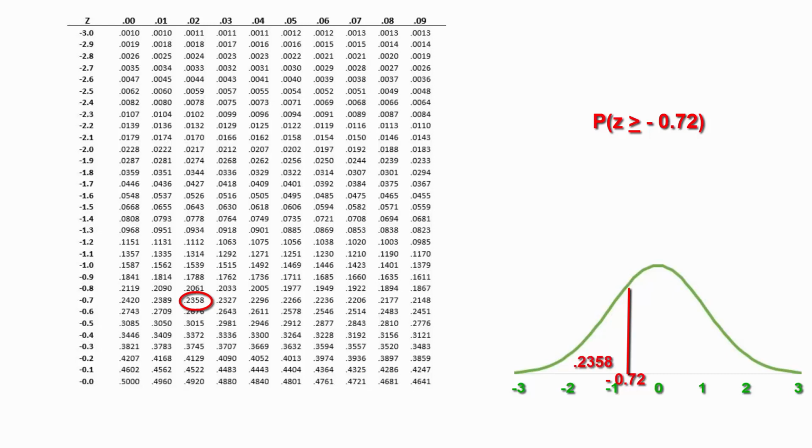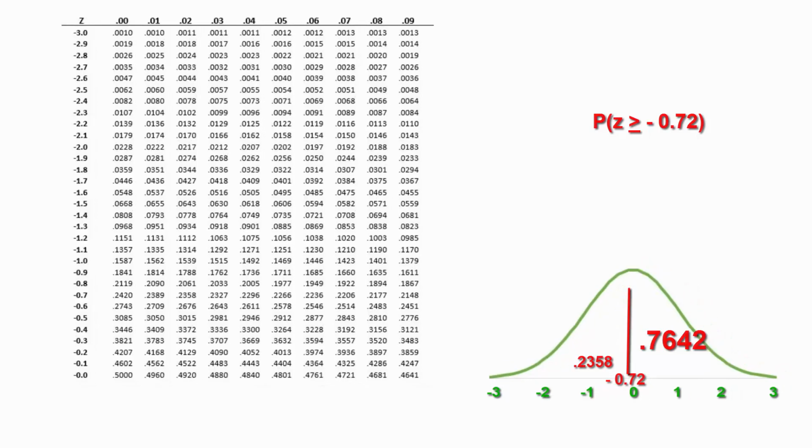We want the complement of this, the proportion above, so we just subtract the 0.2358 from 1, or 100%, and this is the proportion of scores above z equals negative 0.72. I am showing you the proportions visually on a normal distribution. It's wise for you to sketch a normal curve for such problems and organize the information by showing proportions under the curve in relation to the key z-scores.